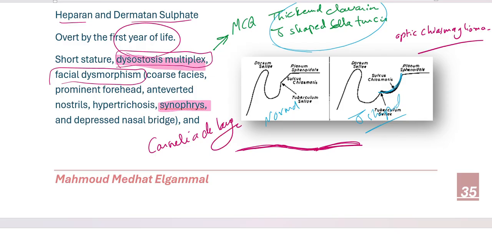Usually this is not very related to ophthalmology, except it causes myopia, ptosis, and strabismus. So synophrys: mucopolysaccharidosis, mucolipidosis, and most commonly Cornelia de Lange syndrome.